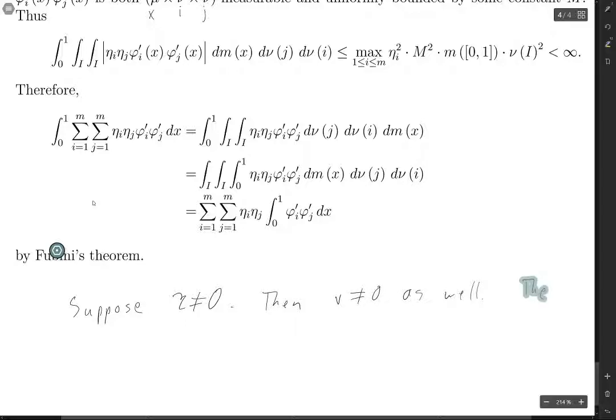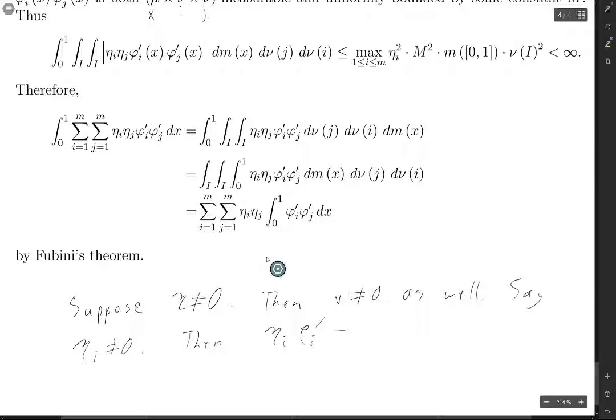Okay, so say eta I is not equal to 0. Then eta I phi I prime. Phi I prime is not going to be 0. Some of these phi i's might be 0 at certain points... well, wait, no, that doesn't make sense.